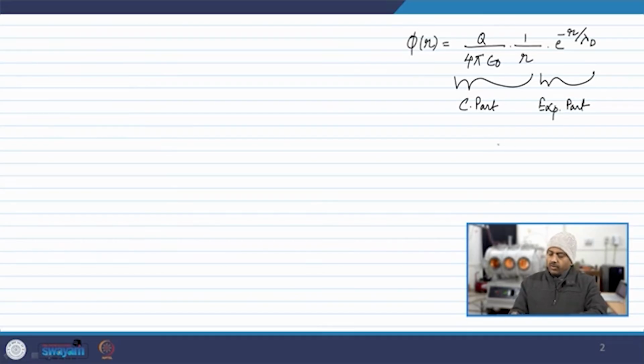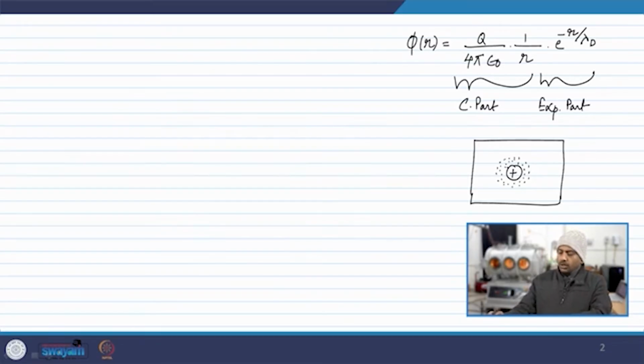In essence, what we have realized is if there is a positive charge which is kept inside the plasma, this charge will only be felt, or its presence can only be realized, as long as you are within the Debye length. Outside it, the plasma will not make this charge visible.